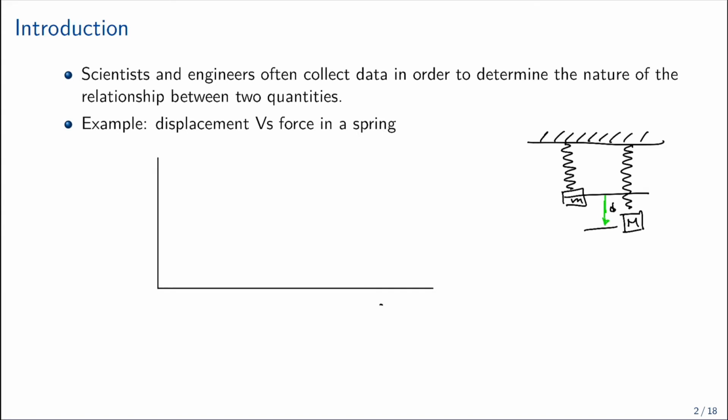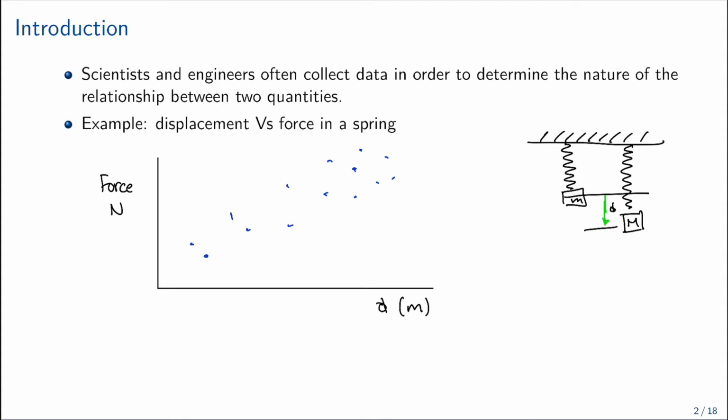So our plot will look something like that. So we have displacement in meters and force in probably newtons, and we have our data sets. Let's say these are our data sets. Now it looks like it's a linear relationship, so we would like to see how strong is the linear relationship, and also we would like to find out the equation of the line.